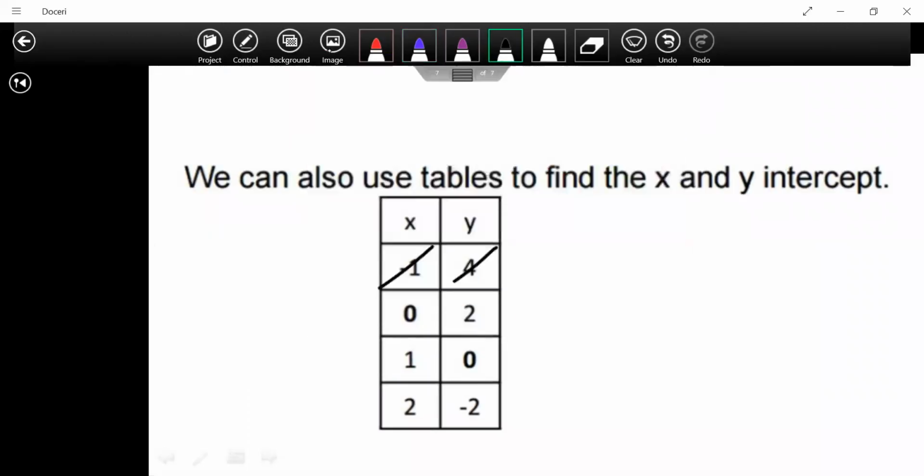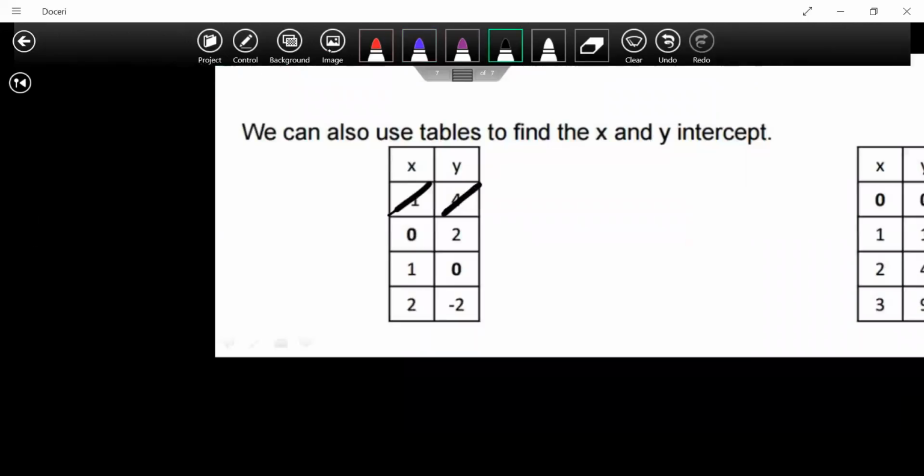Either one of them has to be 0 for it to exist on the X-axis or Y-axis. 2 and negative 2 is also no good, so cross those 2 out. What is 0? If you have a 0, cross that one out as well. What does that leave you for the first one here? This is considered a Y-intercept.